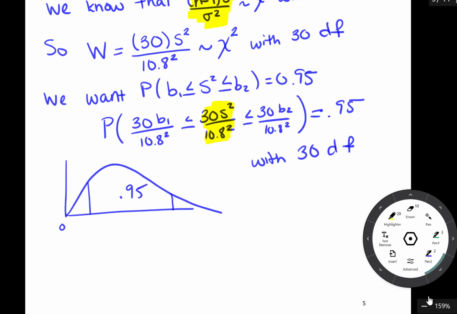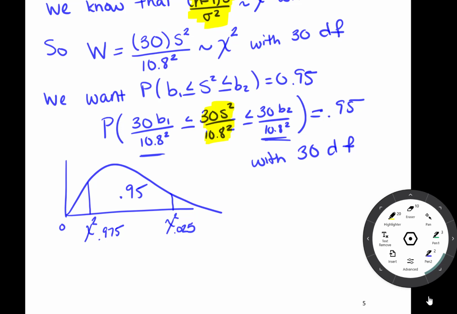I want to find a chi-squared endpoint that has 0.975 area to its right and the endpoint that has 0.025 area to its right. So in other words, I'm placing that 95% in the center of the distribution and the 0.025 equally in the two tails. So if I do this, then I'm going to get two endpoints, and then I can equate the two endpoints that I have up here to find b1 and b2.